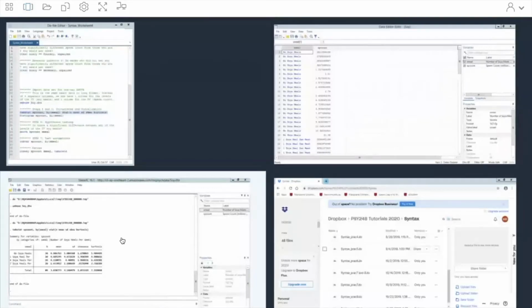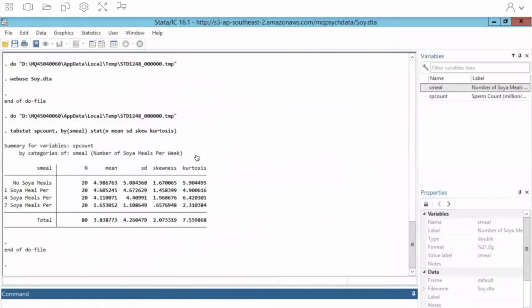Okay, when we run that command, we get this nice, neat table here with all the information we really need at this point. Right, so the mean for each row should be the same exact mean that we saw in the t-test output, and same with the standard deviation. Now we also get again the skewness and the kurtosis statistics. I'm not going to belabor this since we've covered this a couple times already, and it should be revision.